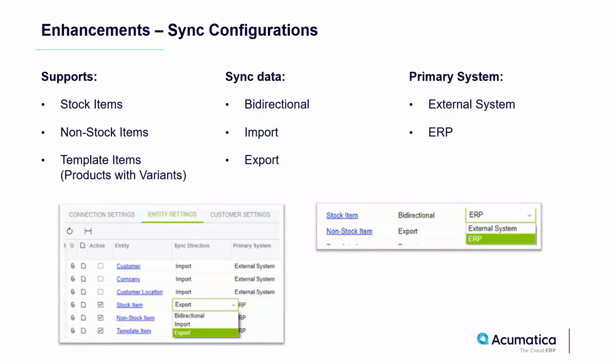Well, now you have a conflict, because the next time the system syncs, it's not going to know which of these updates to believe. And as you can see in this screenshot on the right, you're able to set which is the primary system. So which system wins that battle, right? So these are some of the new settings that are inside the connector configurations.